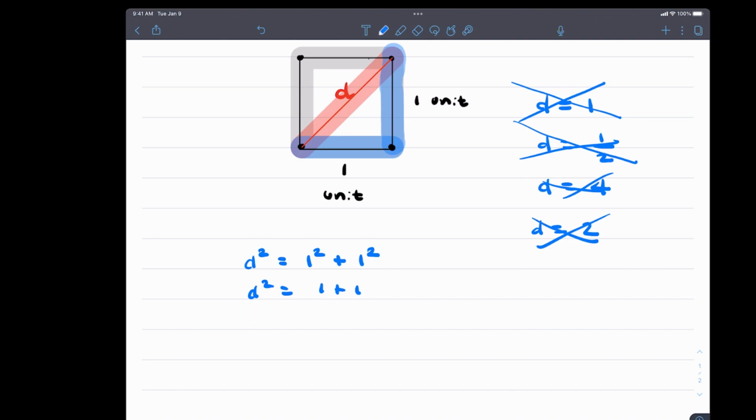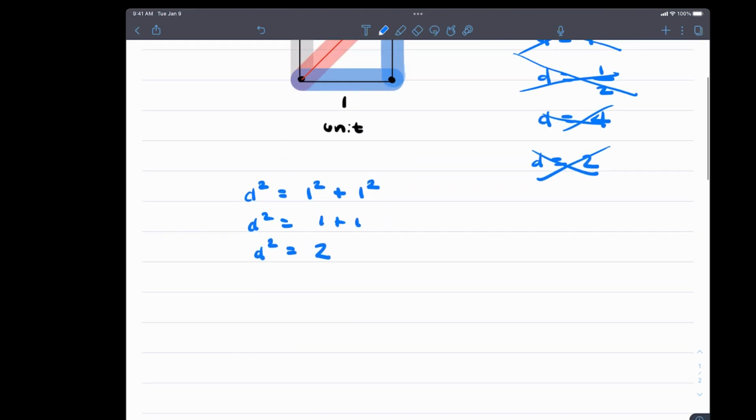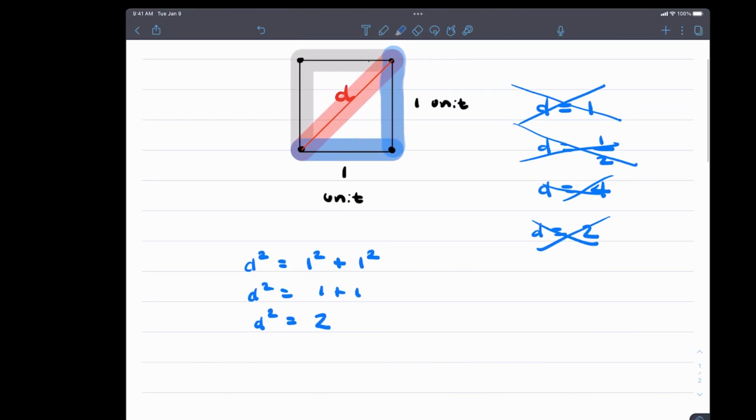So here's the real issue here. This equation that describes diagonal distance is a major part of this course, this very simple relationship. To say d squared is 2, the question becomes, what is d?